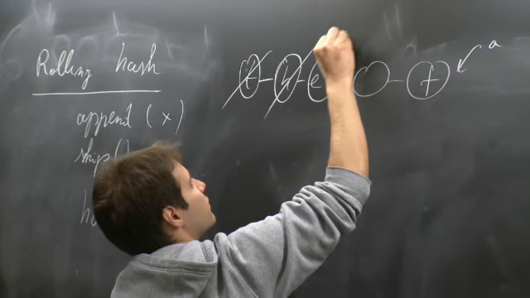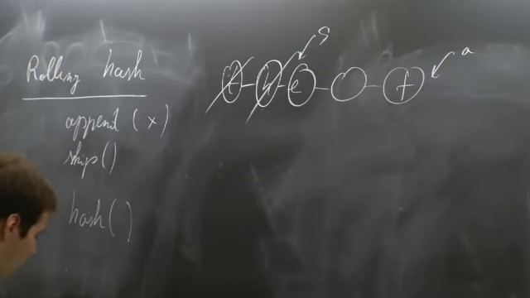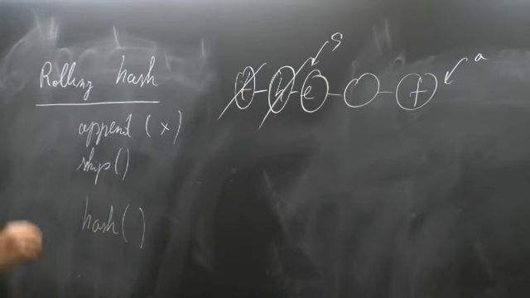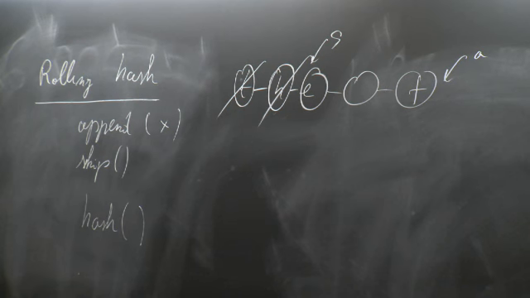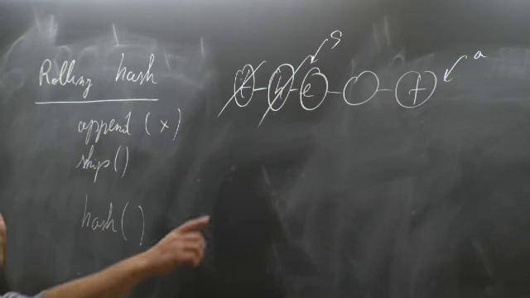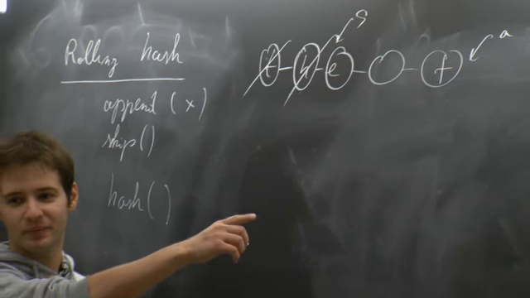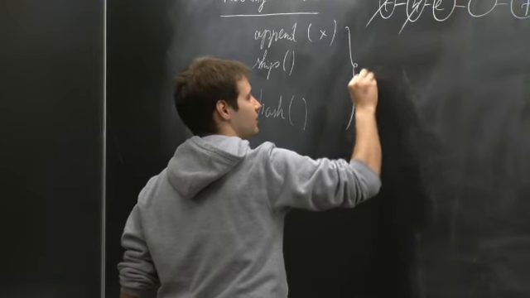Append goes here, skip goes here. How fast do these operations need to be for my algorithm to work correctly? Order 1. I promised you that computing hash there is order 1, right? So I have to.